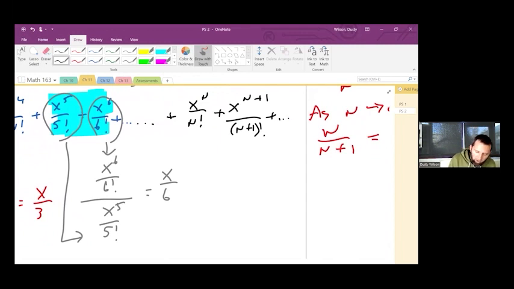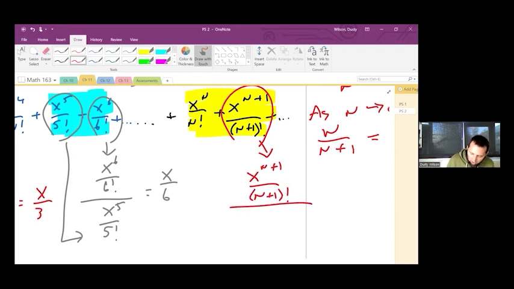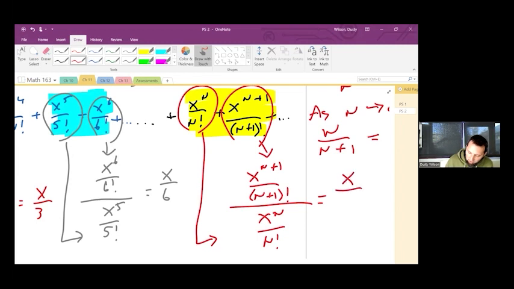And if we looked at those 2 terms together, we would have x to the n plus 1 over n plus 1 factorial divided by x to the n over n factorial, which simplifies to x over n plus 1.